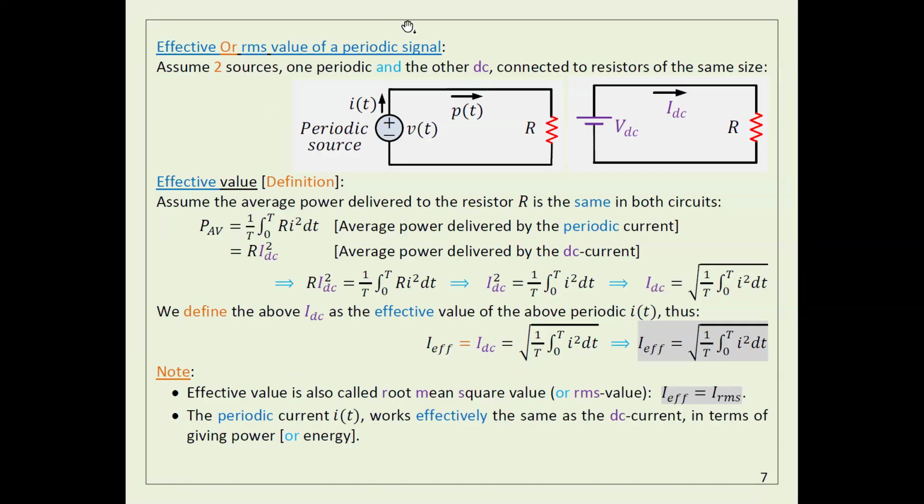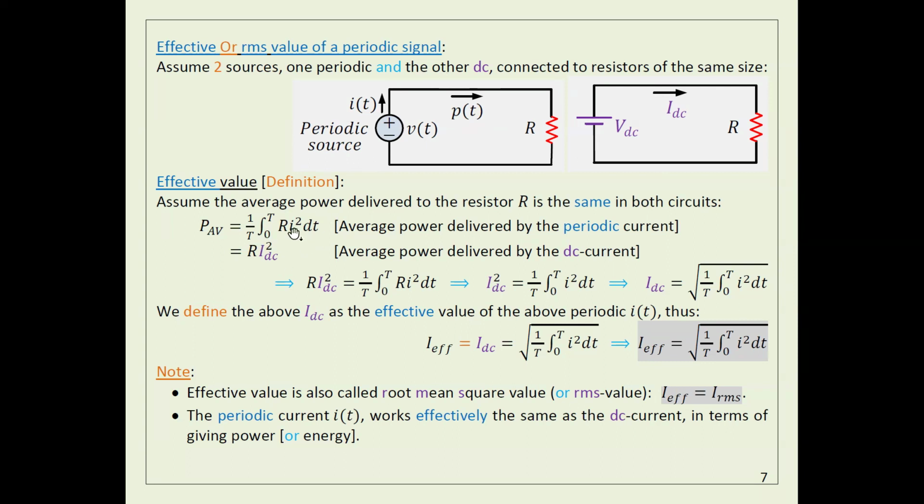Here I'm explaining the definition of RMS or effective value for periodic signals. I told you the power here is I squared R. This I is DC, and this I here is AC.